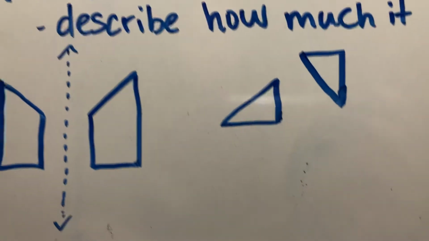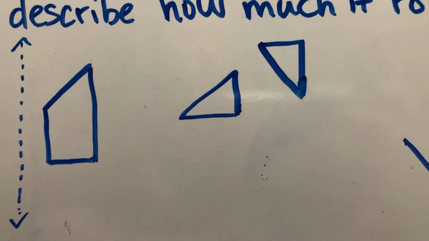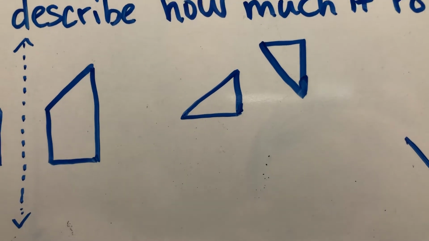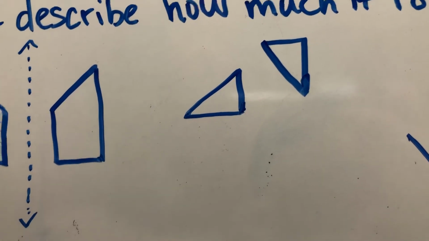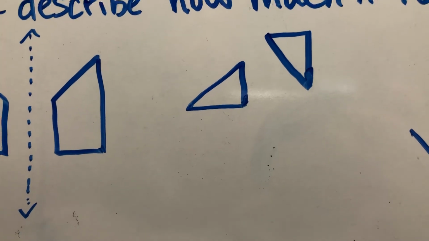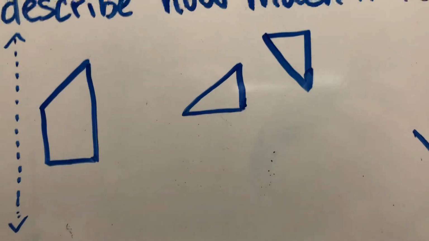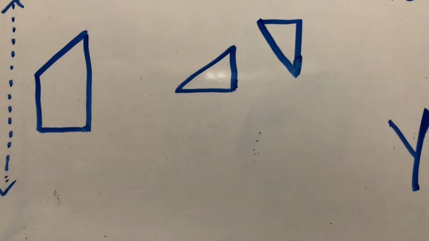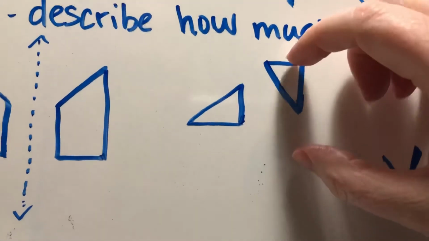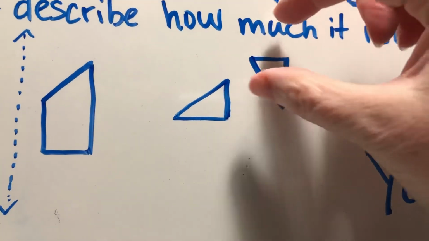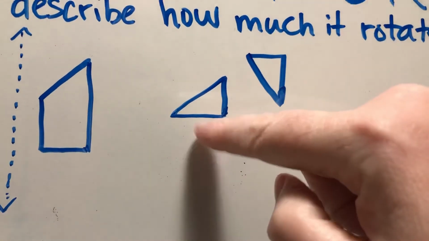And now these 2 triangles, they are showing you rotation. Because when you look at them, and this is the hard one again, this is a right triangle, but if this one flips this way, it is this.